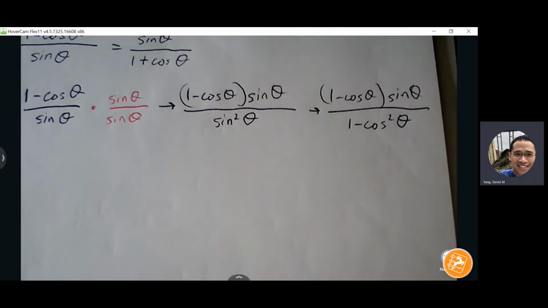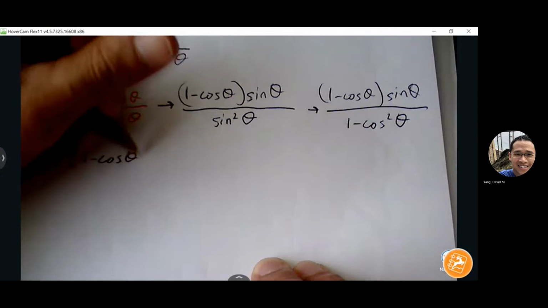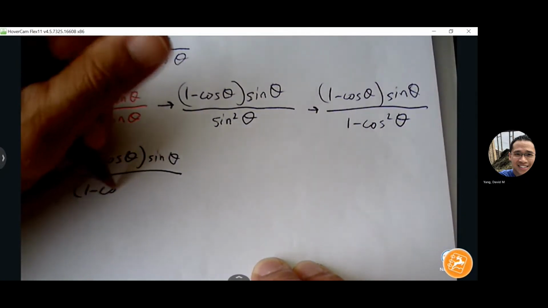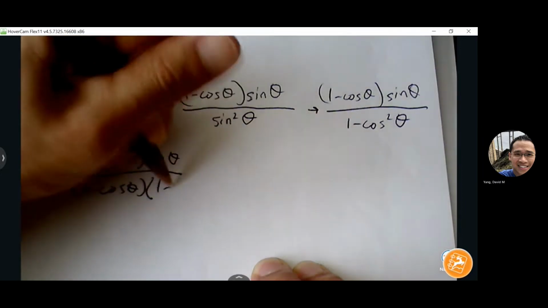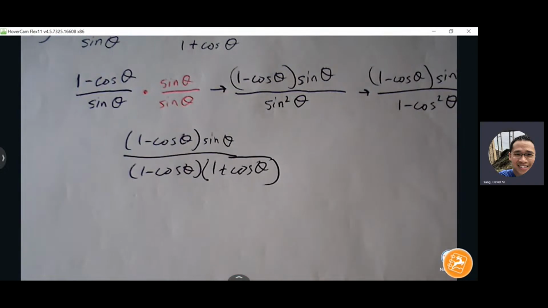Difference of squares. Reduce, reduce, and we should be at the end.